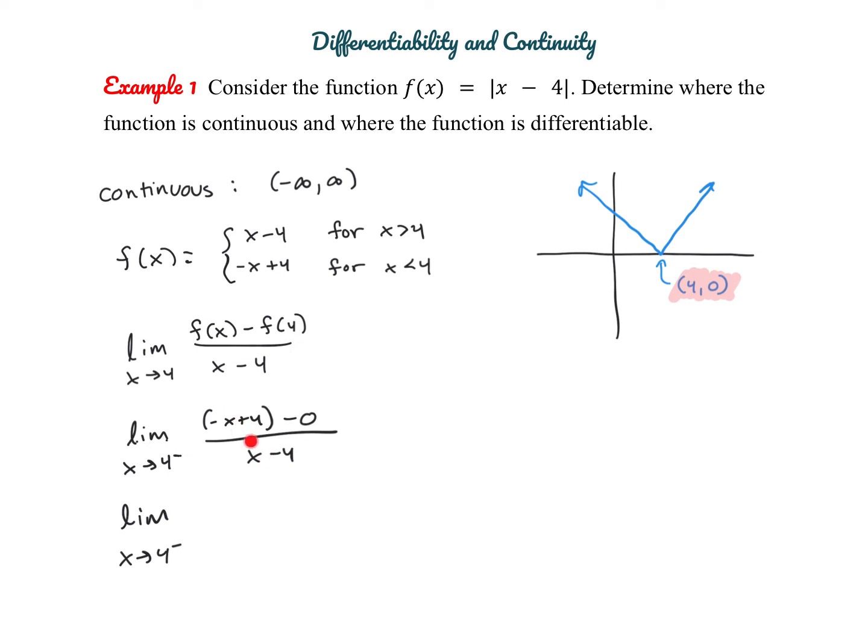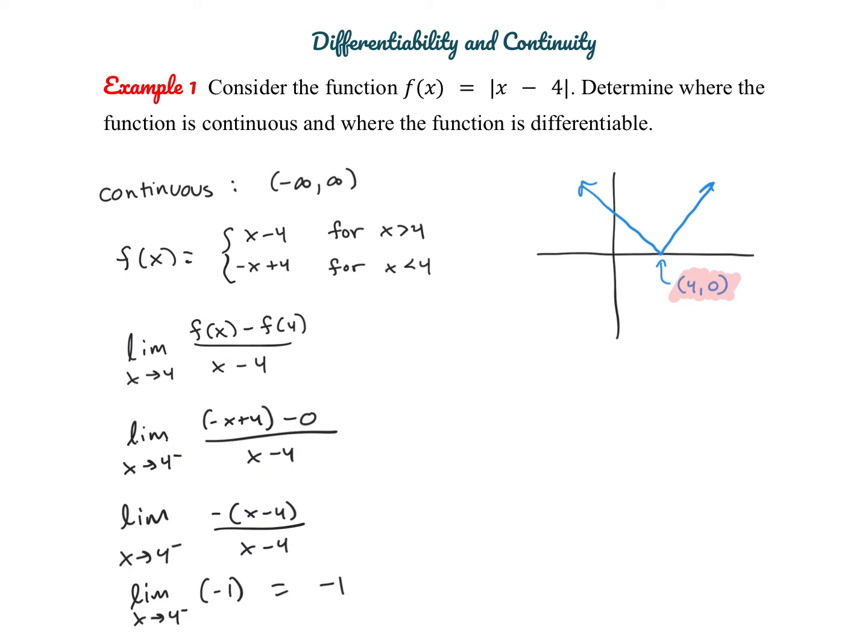Here you can see that we can factor out the negative, and we're left with negative times x minus 4 over x minus 4. So really we're just finding the limit as x approaches 4 from the left of negative 1, which is of course just negative 1. So that's our left-handed limit.